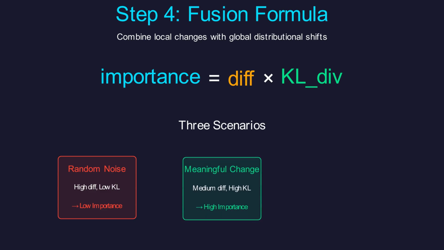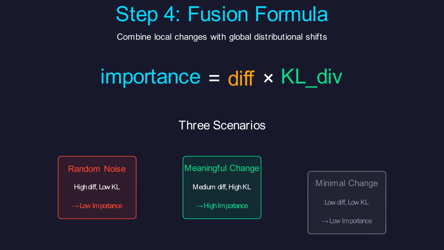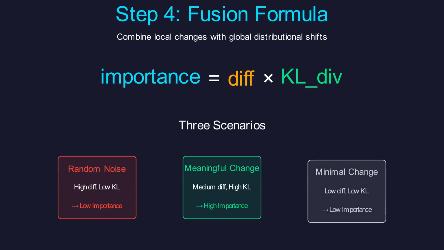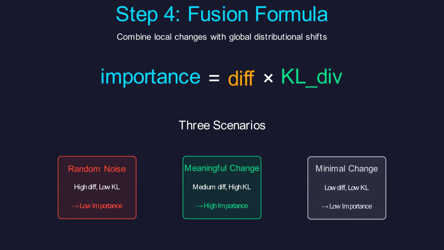On the other hand, if we see significant differences in magnitude as well as significant differences in distribution, we can see that these parameters, these rows, are probably high importance on the local level and on the global level. And if we see low values for magnitude and low values for KL divergence, then again, this is probably just noise or tiny changes that we don't need to account for.